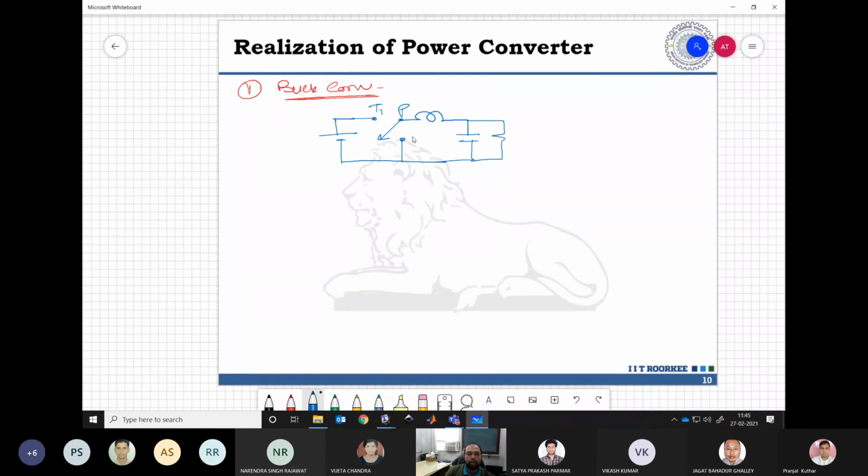Now, these are the terminals P, T1 and T2. And then let us draw the two states. First one, where P is connected to T1.